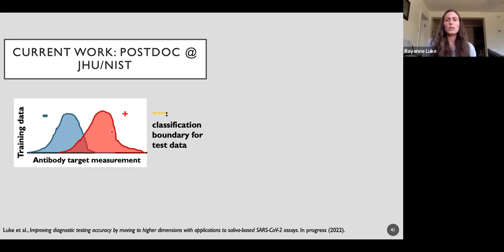And what you want to do is set a classification boundary so that when you have test data, you know what to classify it as. And setting this is not obvious. So if you set it here, for example, then any future test data to the left, you would classify as negative, and to the right, you would classify as positive.